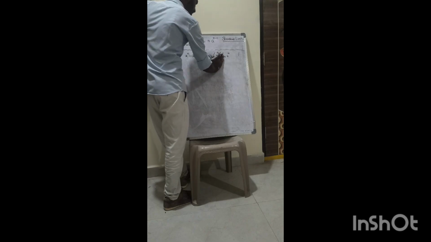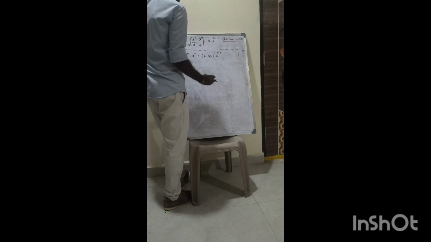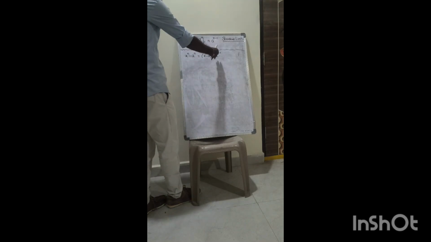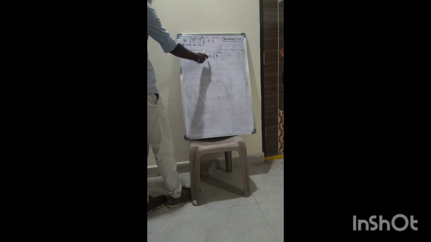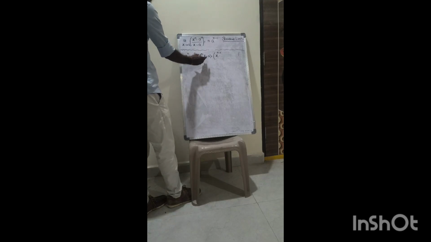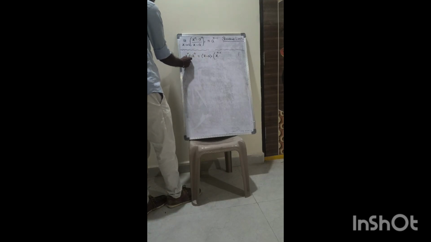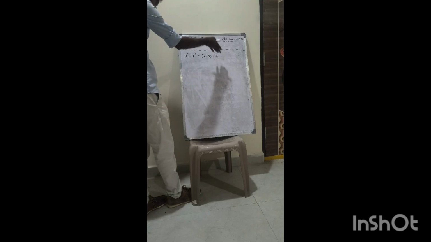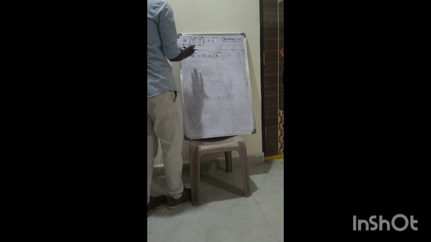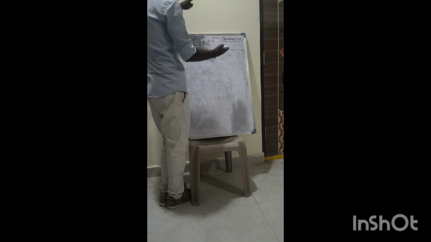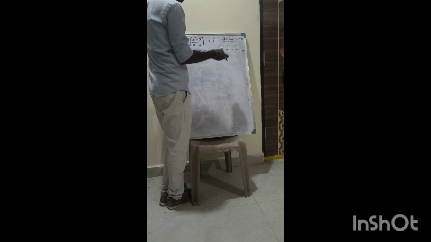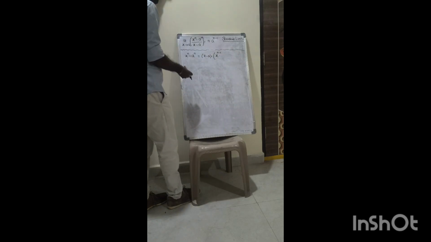Shall I tell you the technique to remember it? Of course, I will not encourage you to remember this. If you do the division of x power n minus a power n with x minus a, this is what you will get. If you want, you can do the division. The people who are very comfortable doing the division can go for it.